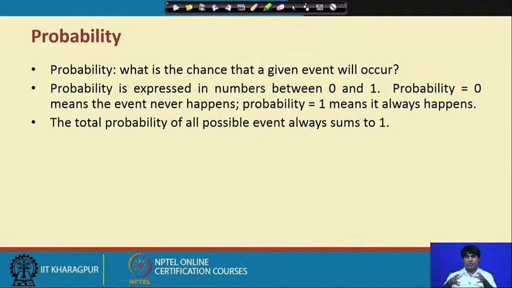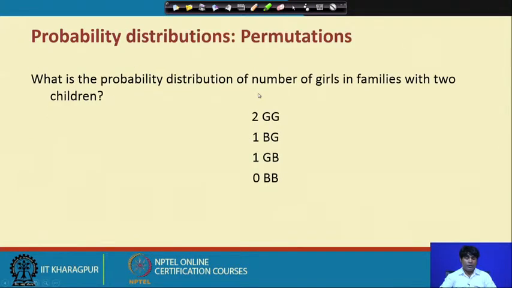With these conditions, you have to select particular samples and then the sampling distribution. For instance, let us say probability distributions: what is the probability distribution of the number of girls in a family with 2 children?